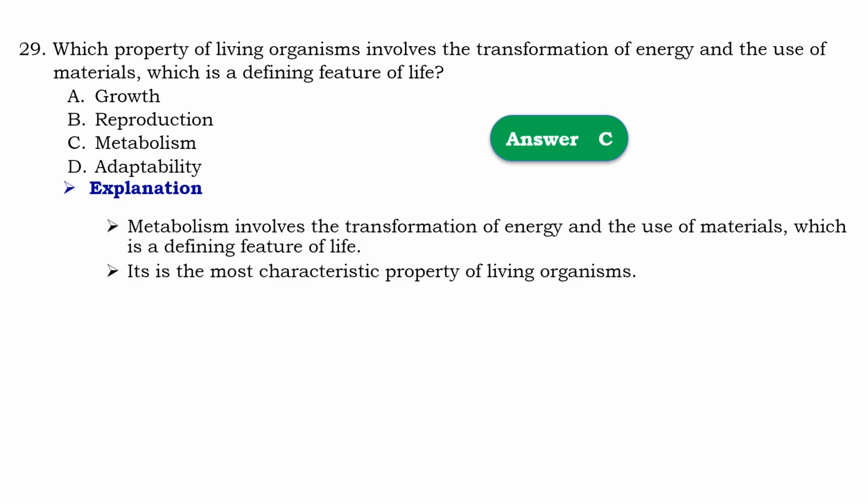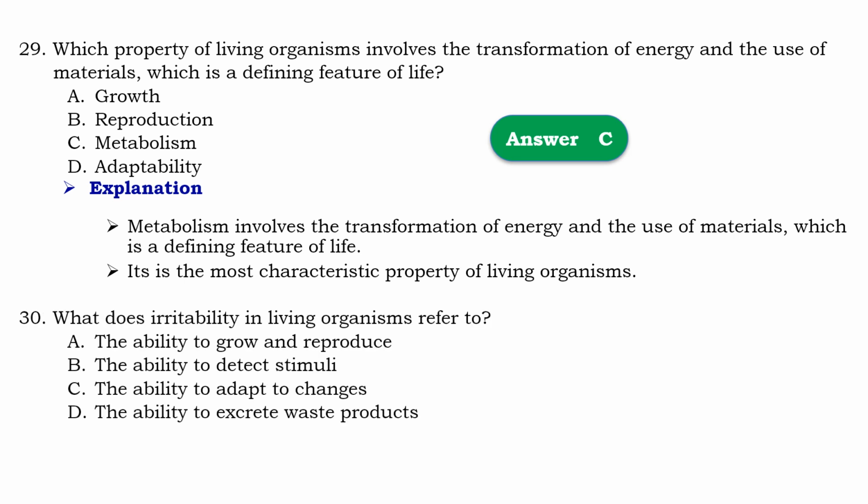Means that metabolism involves transformation of energy and the use of materials which is defining the feature of life and it is the most characteristics of property of living organisms. ስለዚህ most ባህሪ የምንላቸው የታላቸው ነገሮች ሜታቦሊዝም የሚያካሂዱ ከሆነ so that is the most characteristic.